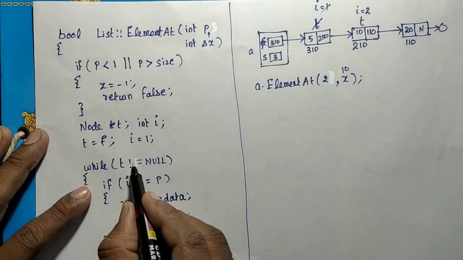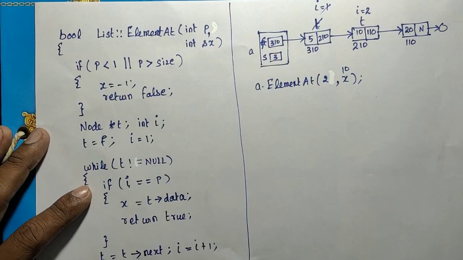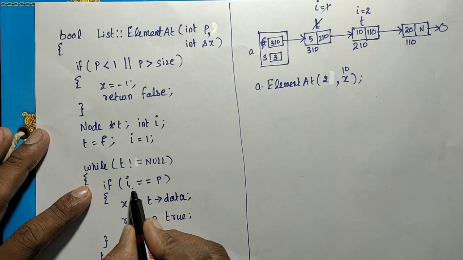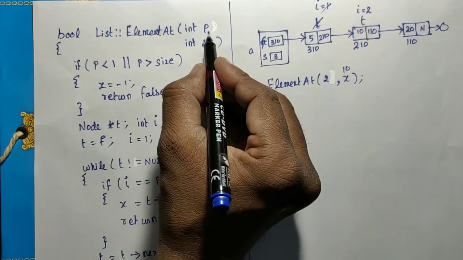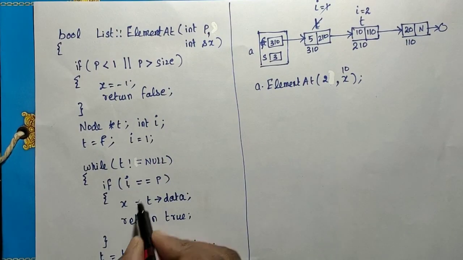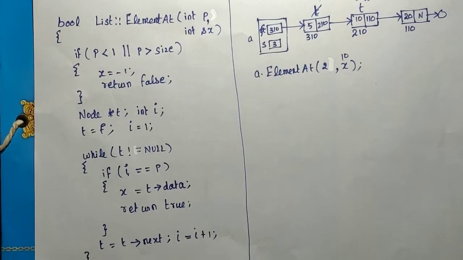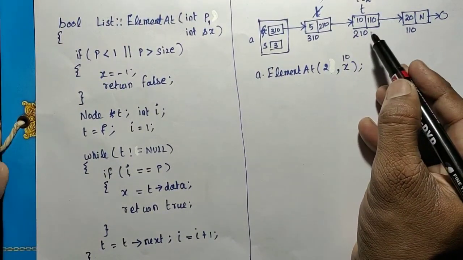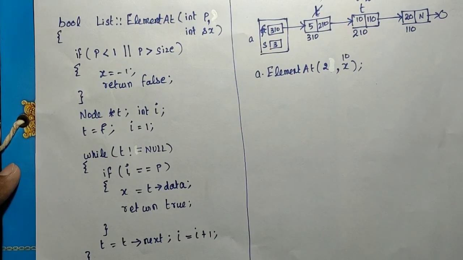So while t is not equal to null, t will be moved up to null: t equal to t of next, and i will also get incremented. In between we have to check the index of t. If the index of t is equal to the position, then we have to update x and return true. So it will return the element at that position. It will not delete the particular element, it just obtains the value of that particular position.